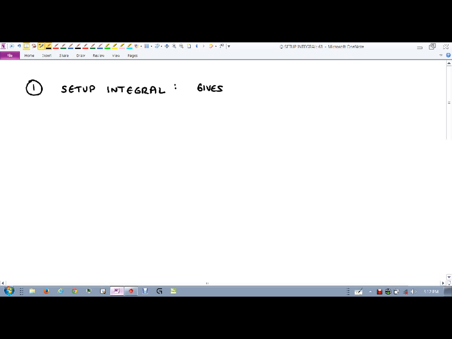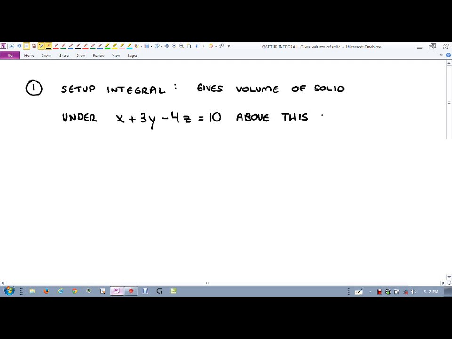which gives the volume of the solid under x plus 3y minus 4z equals 10, and above this region. I'm going to draw a picture.